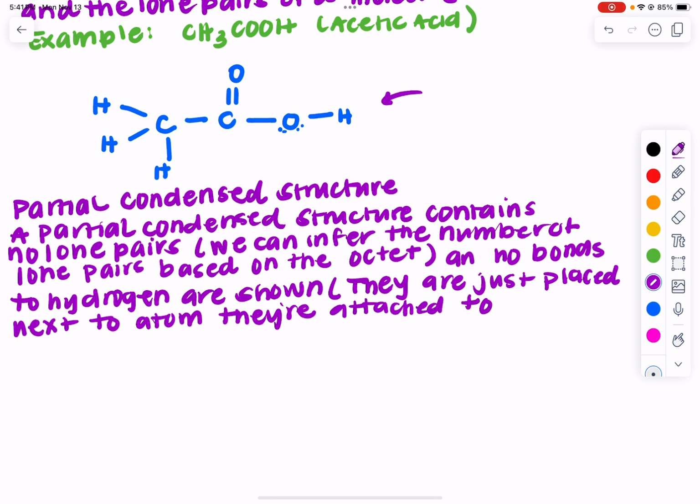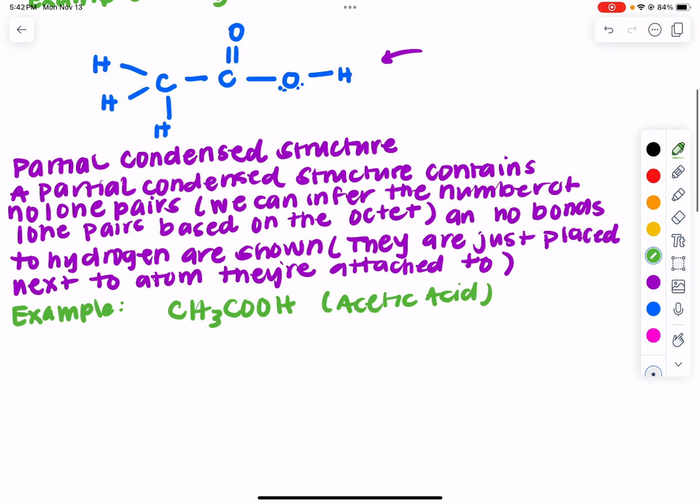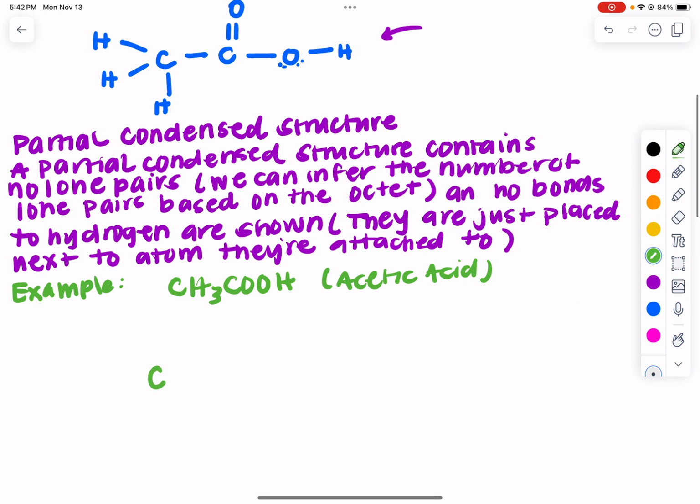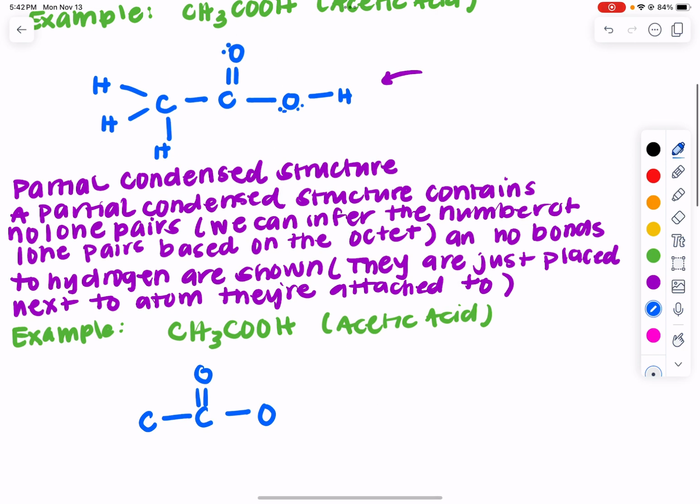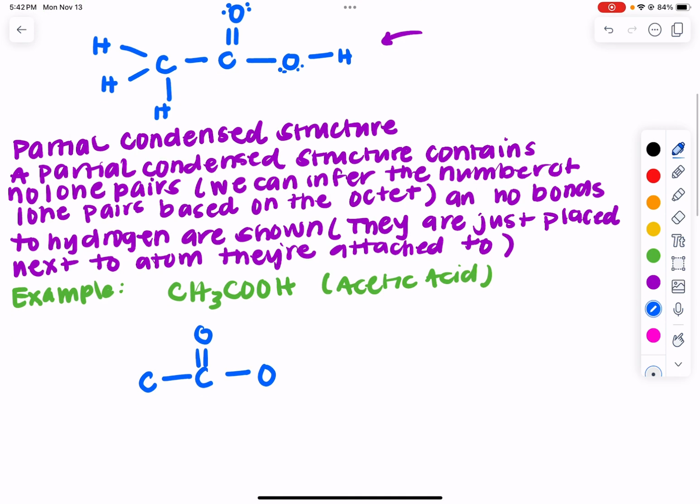So if we wanted to come up with a partially condensed structure for acetic acid, again, we just drew the Lewis structure for it, CH3COOH, which is acetic acid. If we wanted to draw the partially condensed structure, we can take out, sorry, I should have put a lone pair up here, the lone pair on the oxygens.